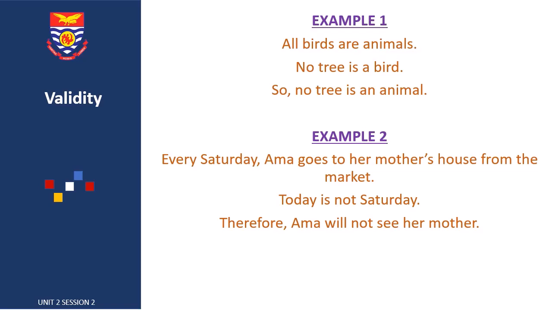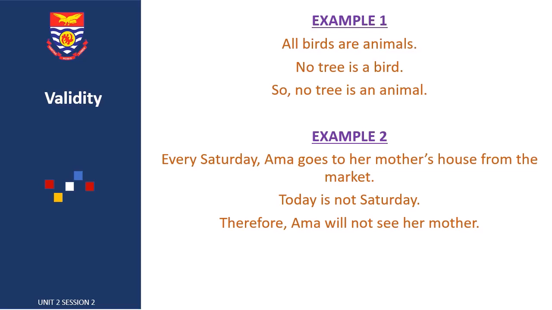But then you see, if it says all birds are animals and it says that no tree is a bird, it doesn't necessarily mean that no tree is an animal. The idea here is that since birds are distributed to animals, trees may also be distributed to animals. But here you are just identifying that trees are not birds.